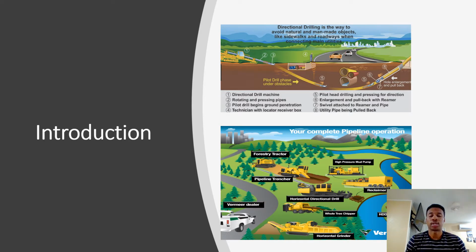So how does the boring machine work? Up here on the first figure, we have the boring machine. This is nothing more than a horizontal directional drilling machine. What this does is perform a pilot drill towards a maximum depth of, it could go all the way down to 150 feet, 200 feet, depending on the range of the machine.